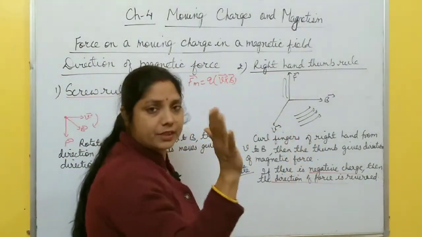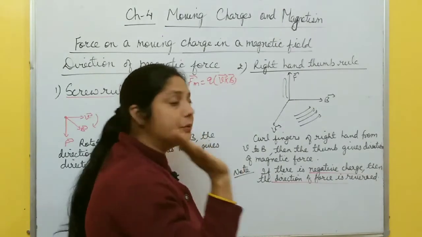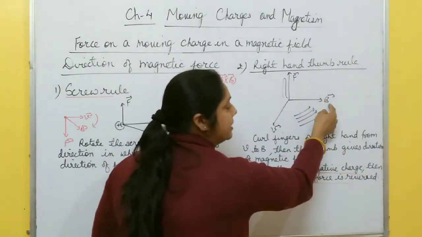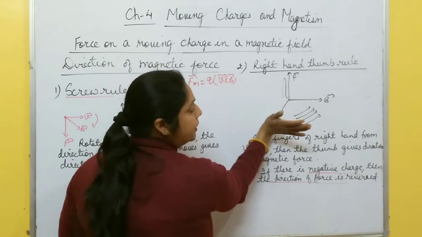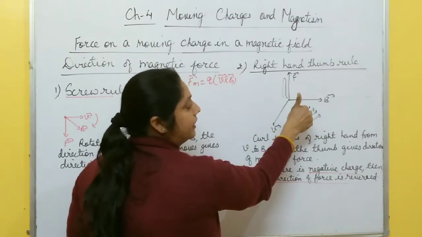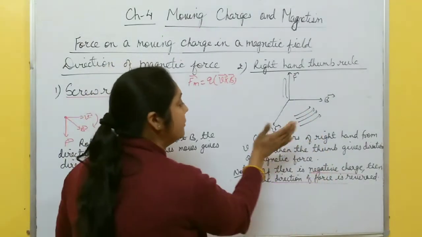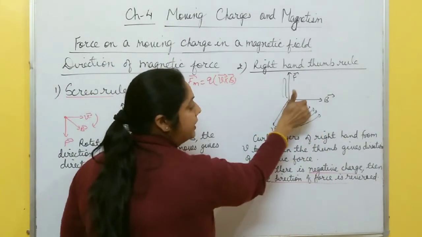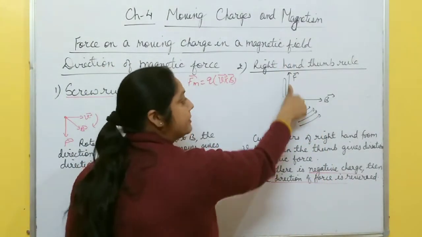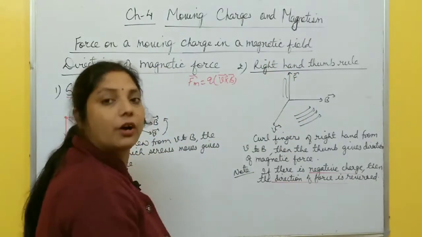Curl the fingers of your right hand from V to B. V is here, B is here. Curl these fingers from V to B. Then the direction of the thumb gives the direction of magnetic force. It means if you curl your fingers from V to B and the thumb is upward, the direction of force is upward or outward.